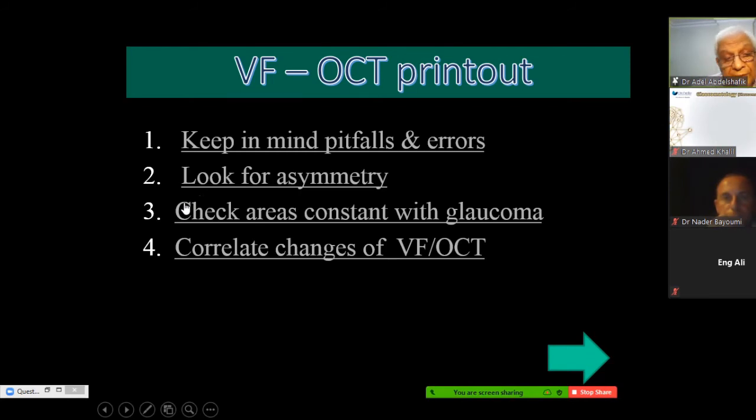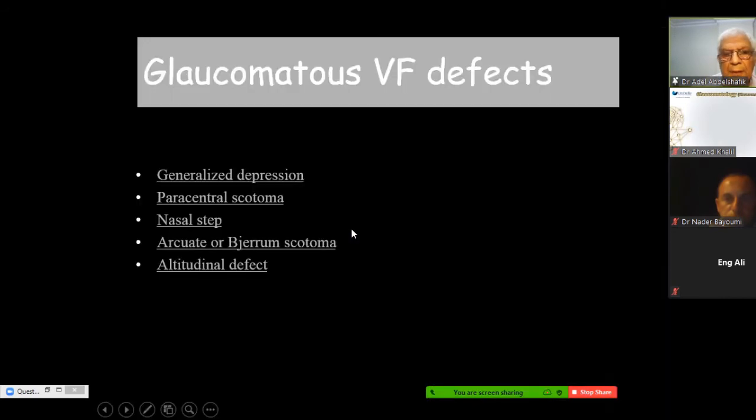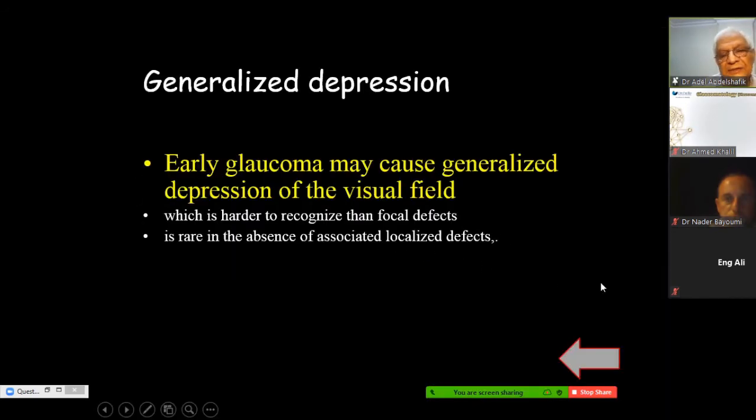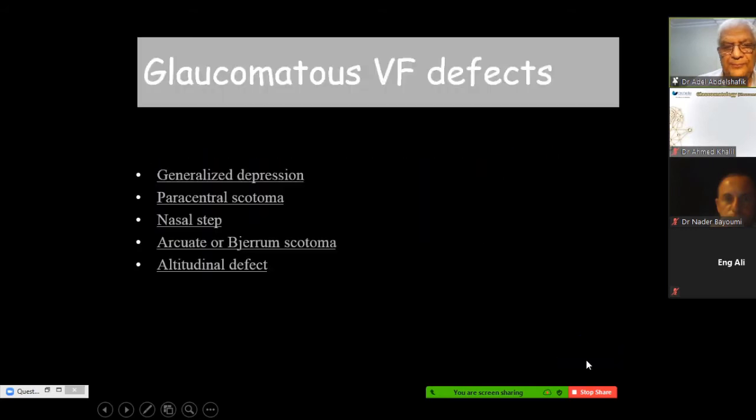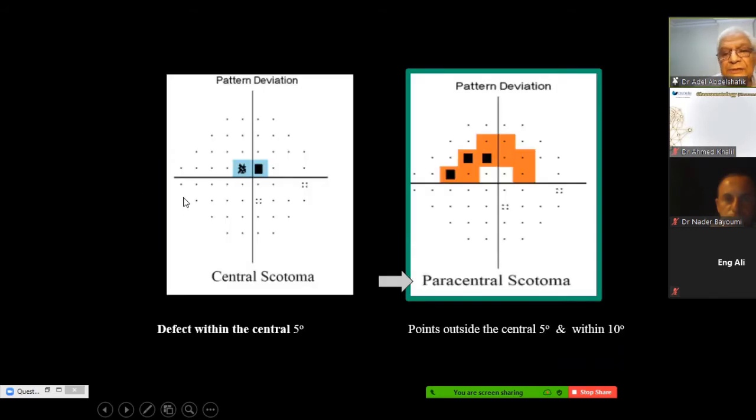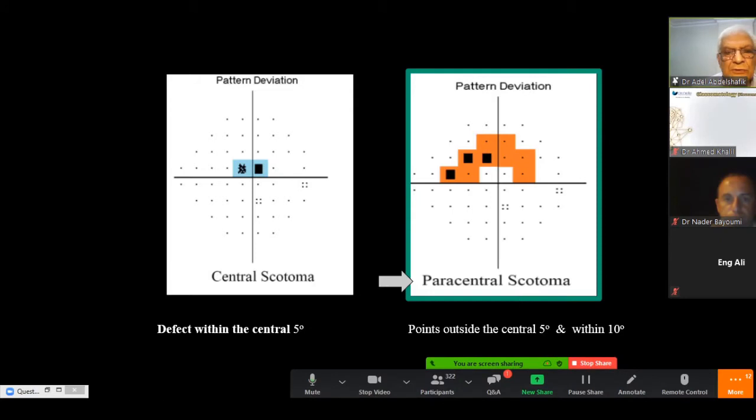So the third, you need to check for areas consistent with glaucoma. In the field, glaucoma can be present as a generalized depression, but usually it is very rare to be alone. Paracentral scotoma: sometimes we have differences between me and my fellow doctors about where is paracentral.